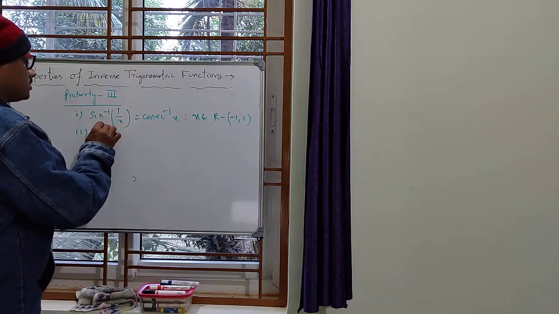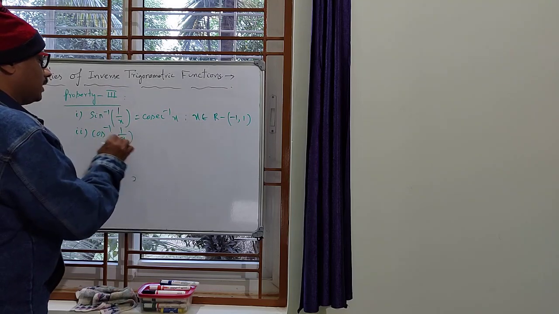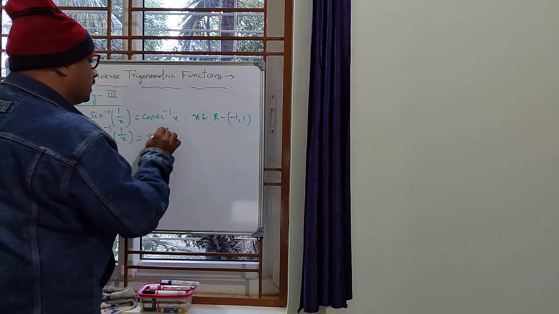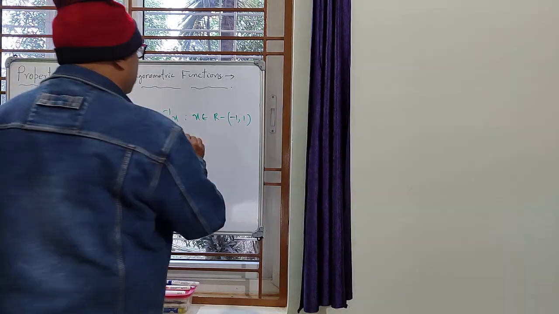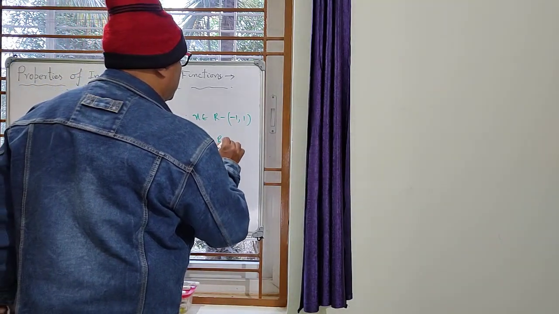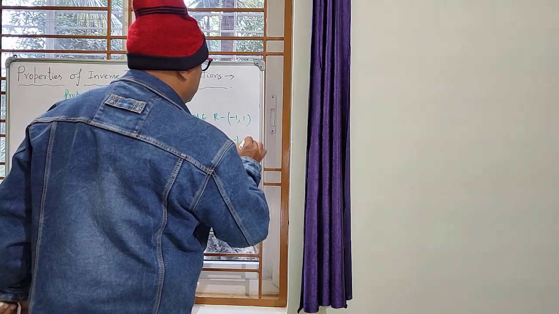Second one, cos inverse 1 by x equals sec inverse x, for all x belongs to R minus the open interval (-1, 1).